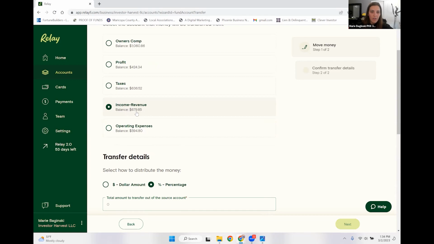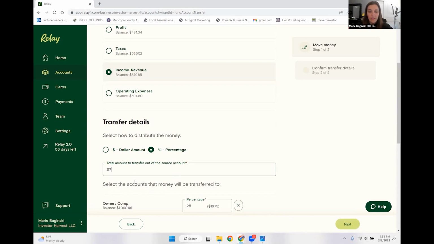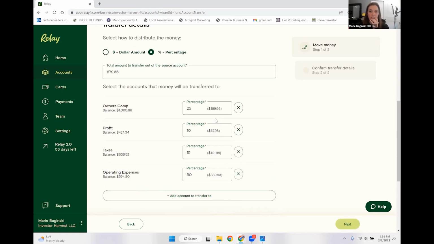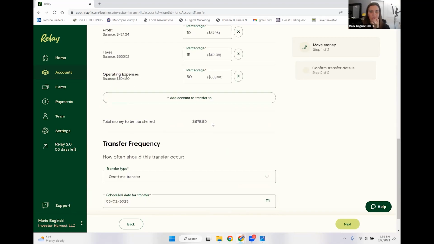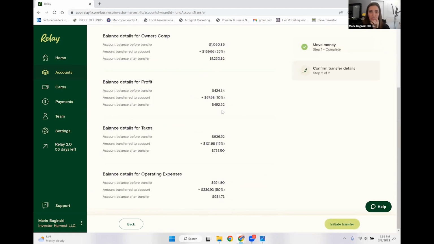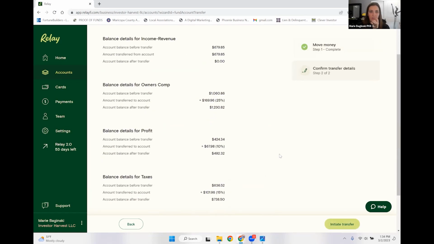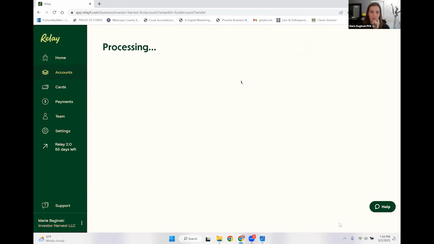Currently in the income there's $679.85. So I can choose the whole amount, $679.85, and you can see it just does the math for you for all those different accounts. Right, so total money to be transferred one time, click next, verify, and initiate the transfer.